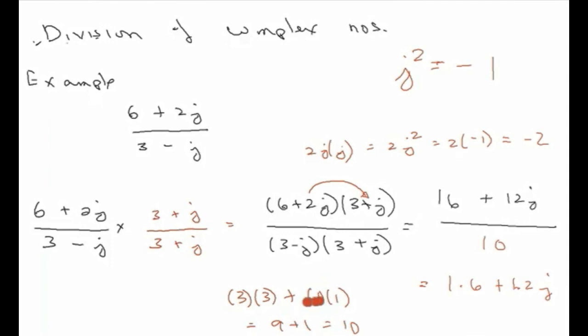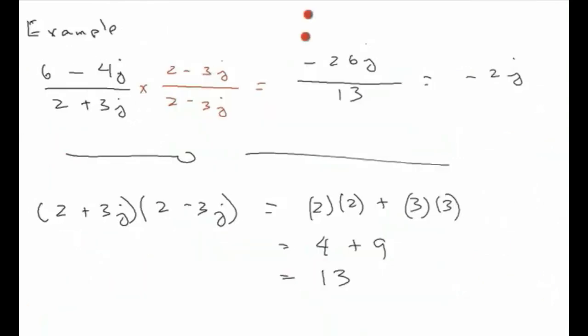No, you don't need to put negative 1 if you are multiplying this conjugate. It will simply be 3 squared plus 1 squared. Same thing with this one, it will simply be 2 squared plus 3 squared. You don't need to write the negative if you are multiplying a number by its conjugate.